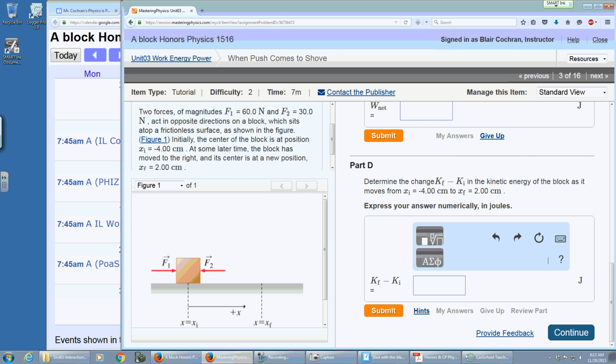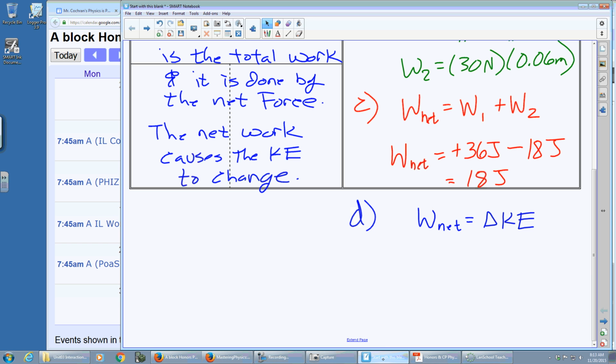Oh, okay. So the change in kinetic energy, 18 joules equals change in kinetic energy. Any questions on any of that before we go on to a different problem?